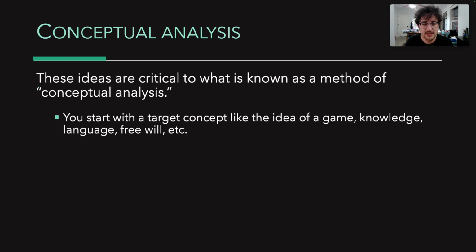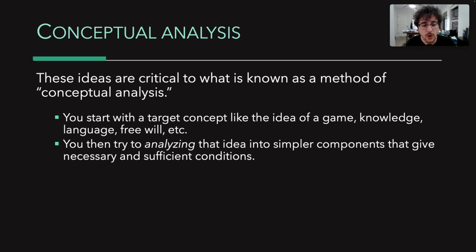In this method, you start with a target concept that you're trying to understand, that you're trying to clarify. Now, maybe that idea is just the idea of a bachelor, or maybe it's the idea of a game, or of something more abstract like knowledge or language or free will. So you have that idea and you want to clarify and make sure you understand it.